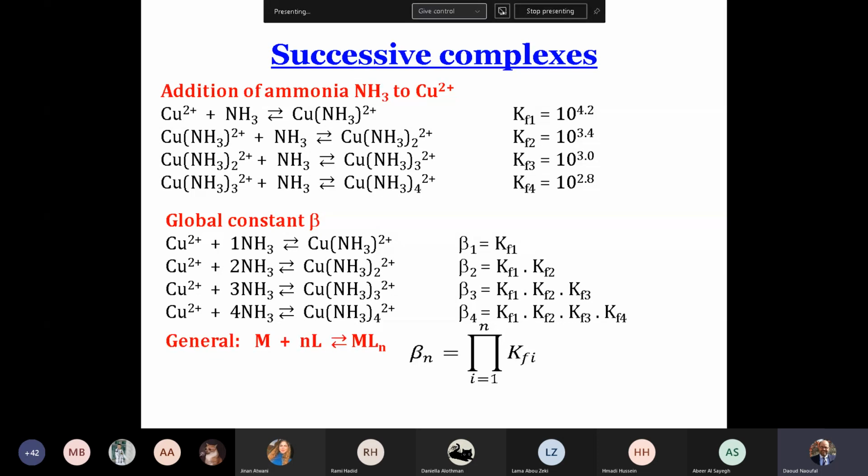Cu2 plus is blue, and NH3 is colorless. So when I add NH3 to Cu2 plus, it's given in the data that I have 4 types of complexes.